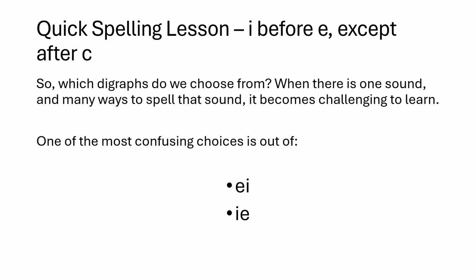When there is one sound, and many ways to spell that sound, it becomes challenging to learn. One of the most confusing choices is out of EI and IE.